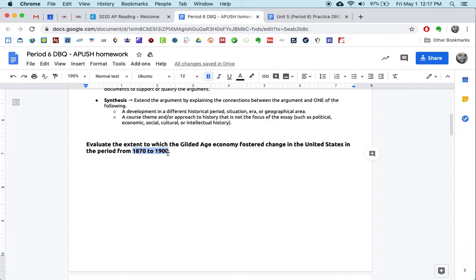So here I'm riffing off the top of my head. Some ways to accomplish that would be to talk about some of the international events. So you can talk about the United States expanding abroad in the 1890s, for instance.